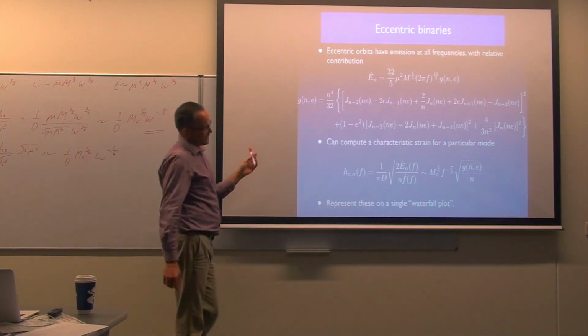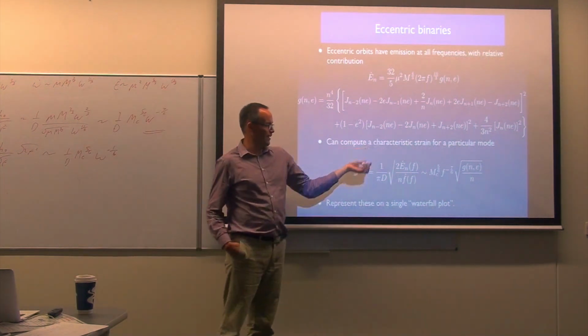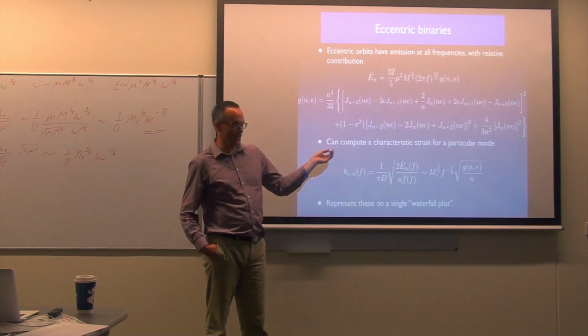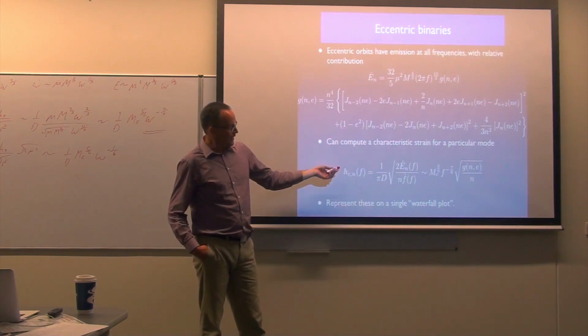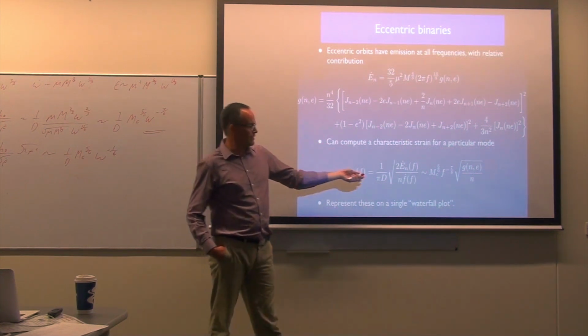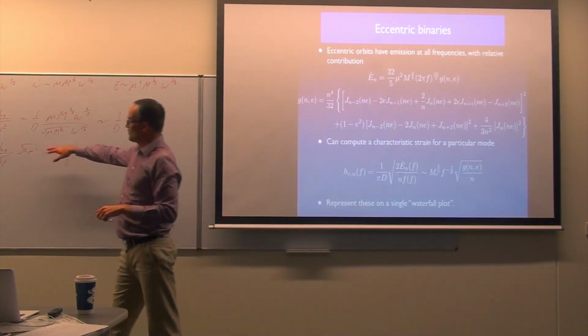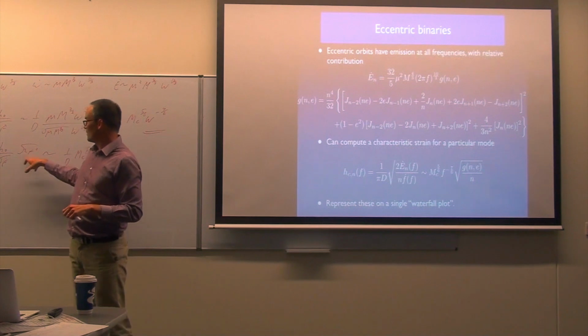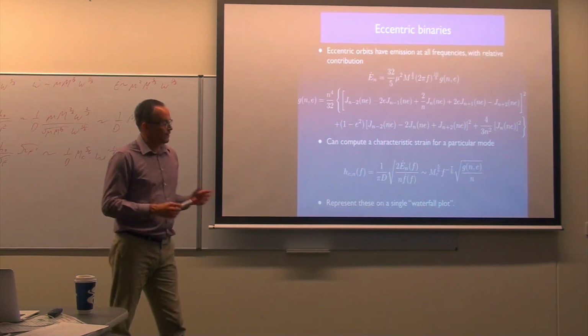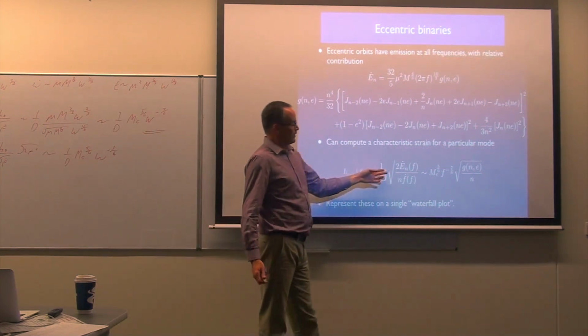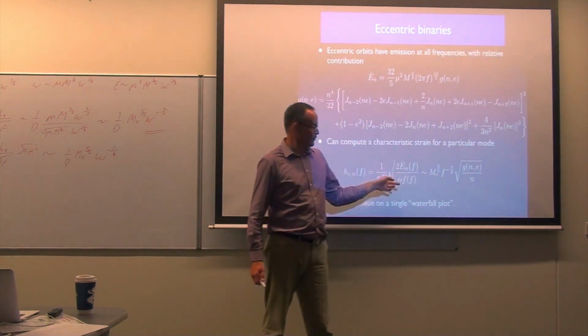And so what people tend to do in this case is to look at characteristic strains for each mode independently. The definition is the same. Basically, characteristic strain is h naught over root f dot times root f squared, which is equivalent to E dot over f dot.